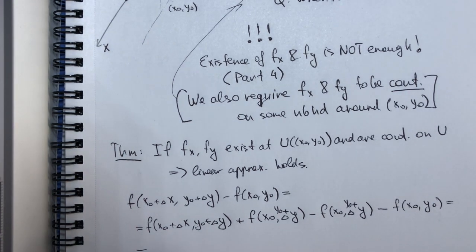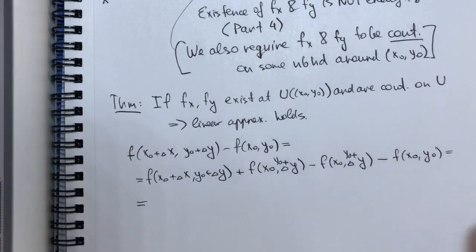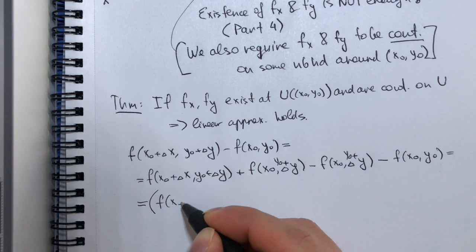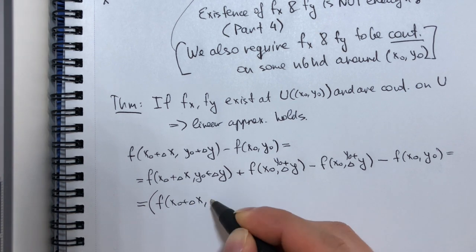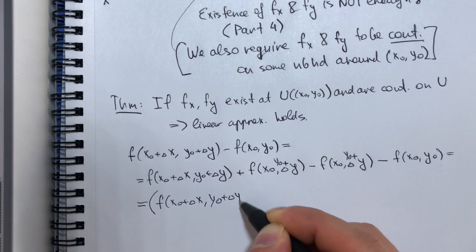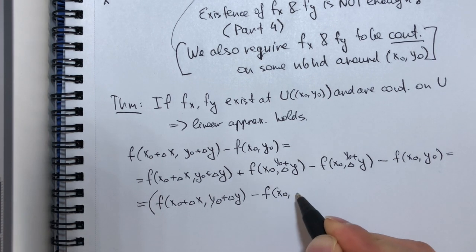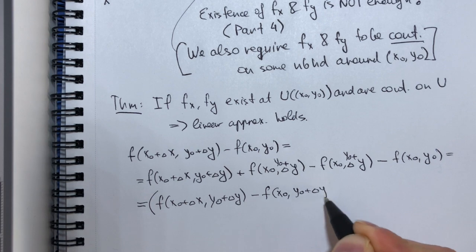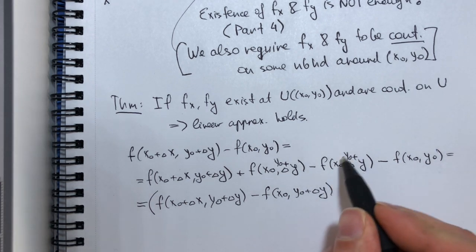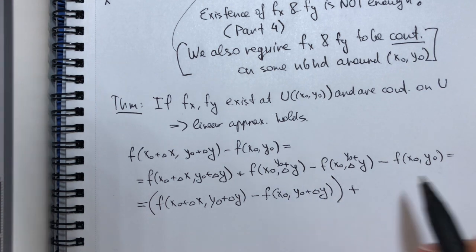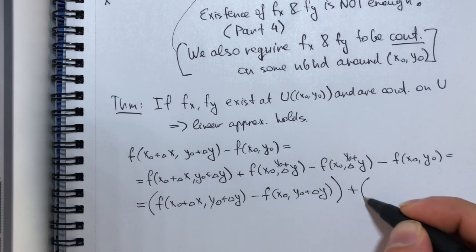So now if I group them slightly differently, if I rewrite it again, I'll have big brackets of f of x naught plus delta x, y naught plus delta y, minus f of x naught, y naught plus delta y. So I'm just subtracting this term first, and then I want to group other remaining terms like that.